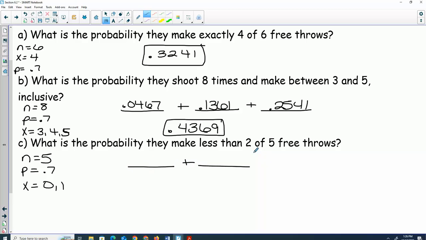So when my N is 5, when X is 0, and P is 0.7, we get, okay, and then if you go down to when X is 1, so if you add them together, 0.2303.